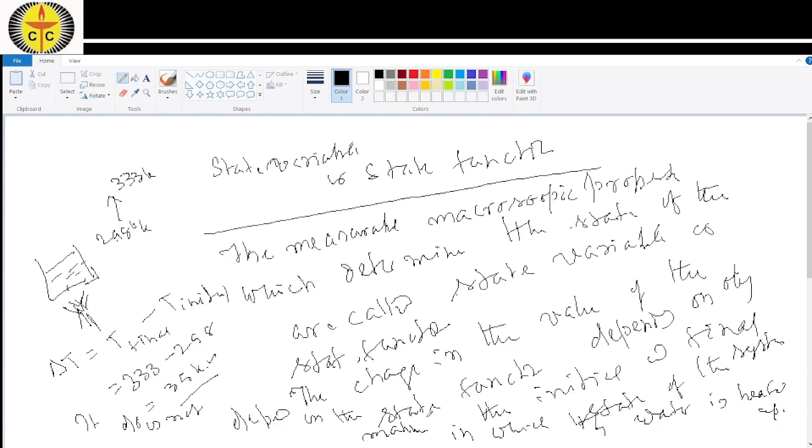So I can give other examples of state functions also. What are the other examples?